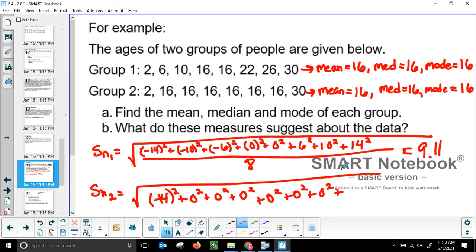And then 30 minus 16 is 14, and that is 7. So the larger standard deviation means that the data is more spread out or wider dispersed, which obviously makes sense. We can see that there's a lot more difference between these points of data than these points of data.